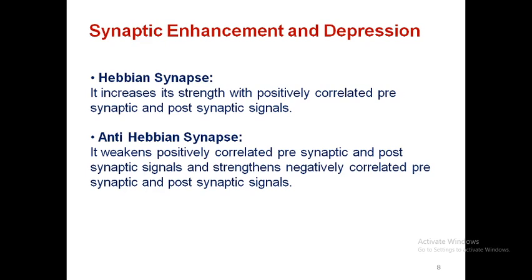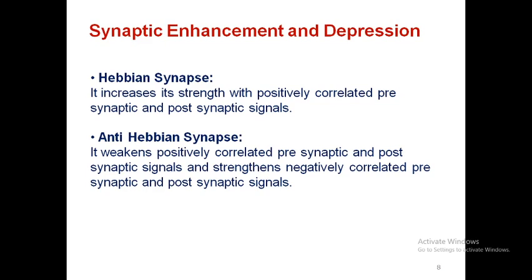So it increases its strength with positively correlated presynaptic and postsynaptic signals. If it is negative, the weight will be decreased. If it is positive, meaning positive trends, it will increase. So what is the anti-Hebbian synapse?